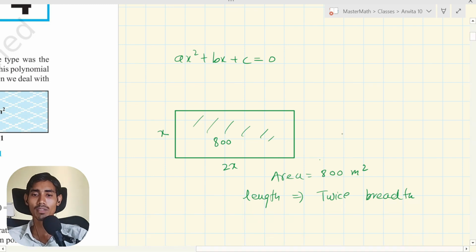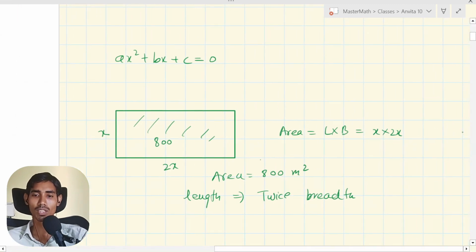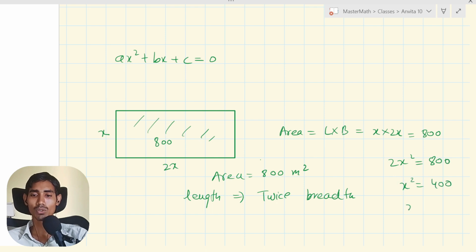So now area would be x into 2x is equal to 800. 2x into x, I wrote x first, is equal to 800. And now 2x square is equal to 800. x square is 400. So x would be 20 meters.